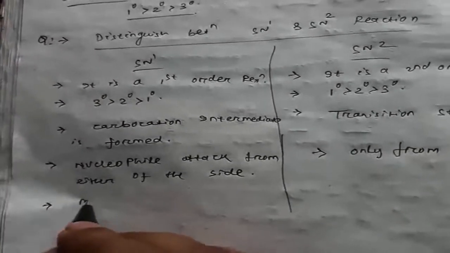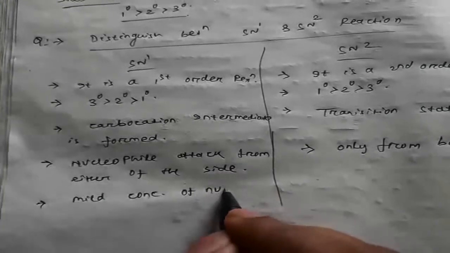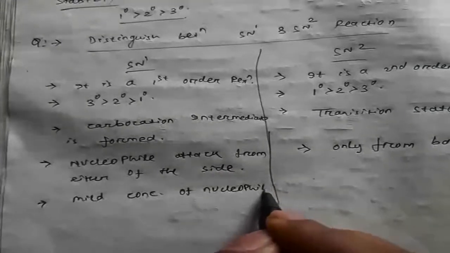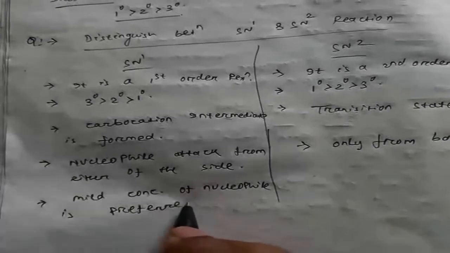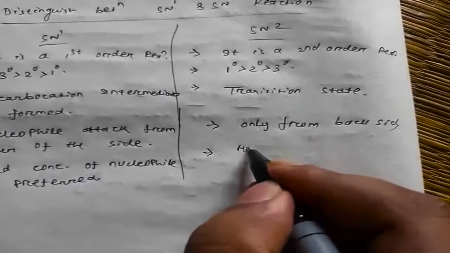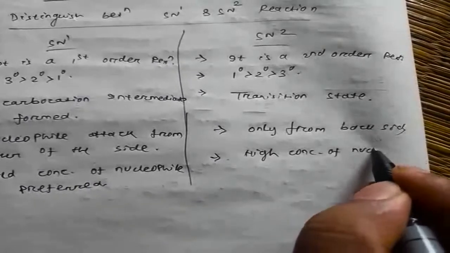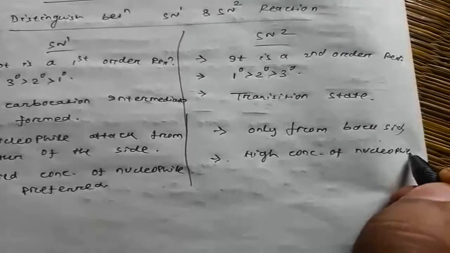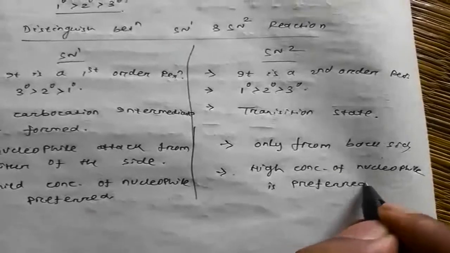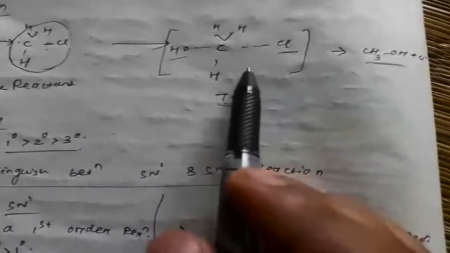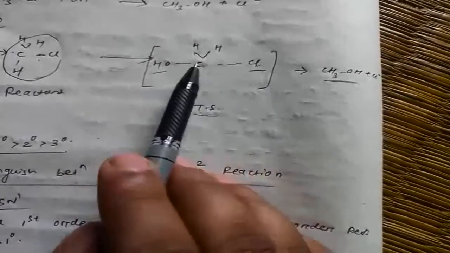Then, high concentration of nucleophile is preferred in SN2 reaction, because in the transition state of SN2 reaction, both OH- and Cl- are attached to the carbon.